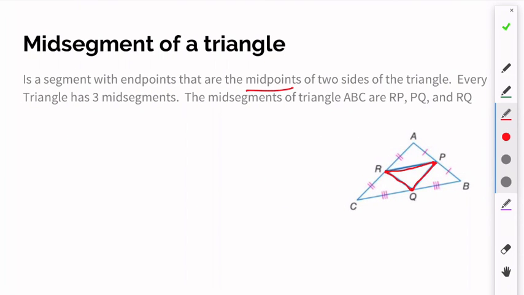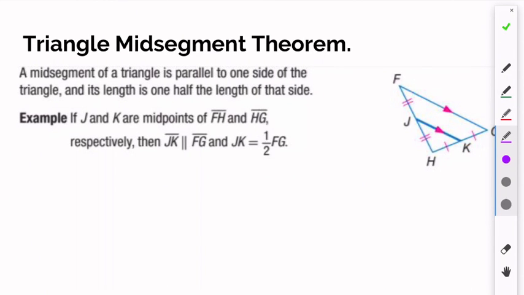Now notice in this case, all of these sides are going to be parallel. For instance, PQ is going to be parallel to AC, right? RP is going to be parallel to CB, etc. So they're always going to be parallel. So a mid-segment of a triangle is parallel to one side of the triangle, and its length is 1/2 the length of that side.